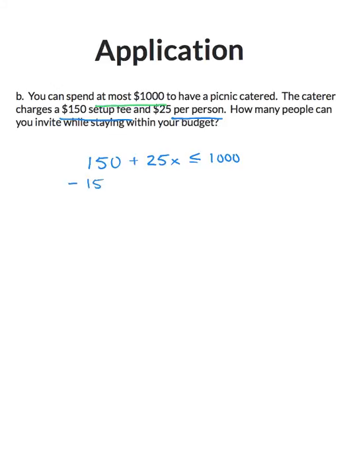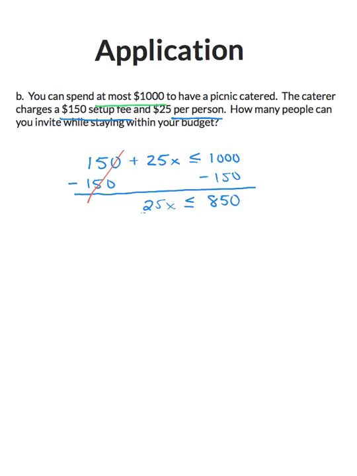We want to start by subtracting 150 from both sides. On the left side, our 150s will cancel, leaving us with 25x. On the right side, if we subtract 1,000 minus 150, we are left with 850.